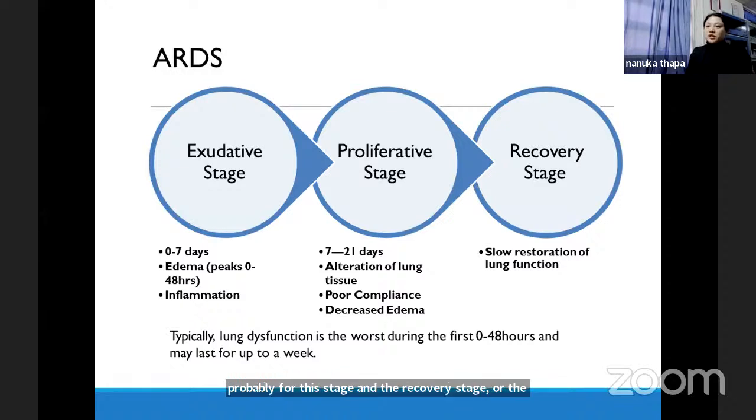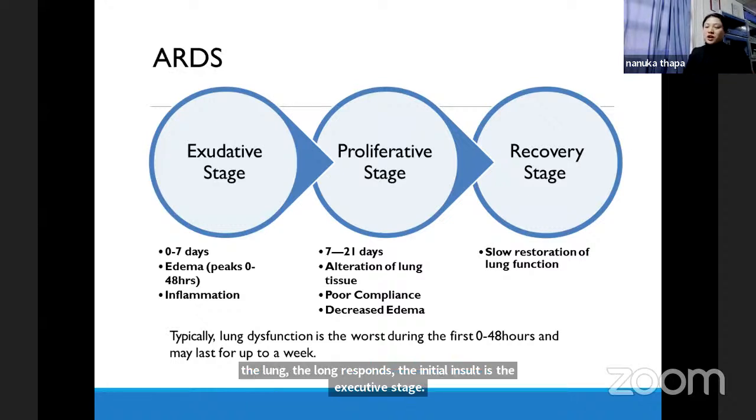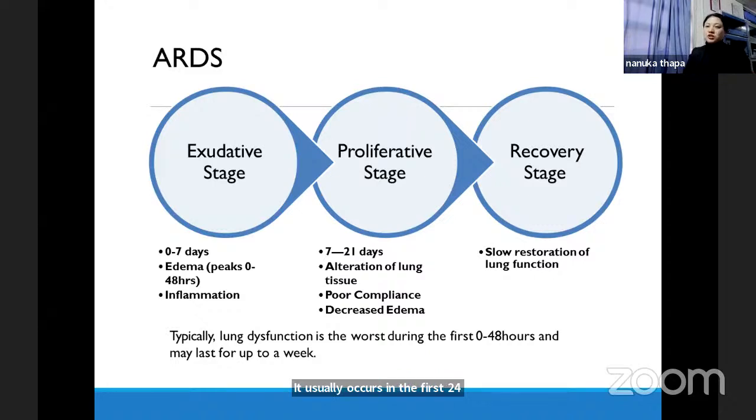So the exudative stage, following the initial insult, is the lung's response to the initial insult. It usually occurs in the first 24 hours and may last for 7 days.